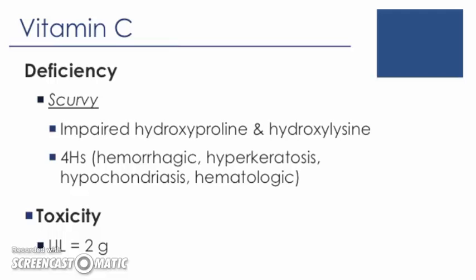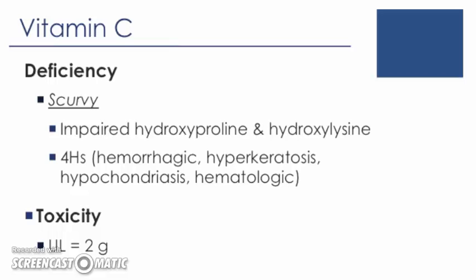We see here the deficiency symptoms for vitamin C. The main deficiency condition is called scurvy, and we see that there is an impaired synthesis of hydroxyproline and hydroxylysine, and we saw that these were involved in collagen synthesis. These were intermediates of collagen synthesis, so the collagen synthesis process would be impaired with vitamin C deficiency.